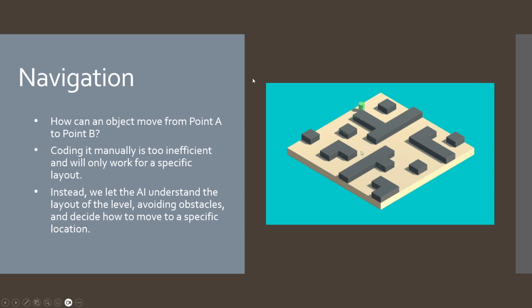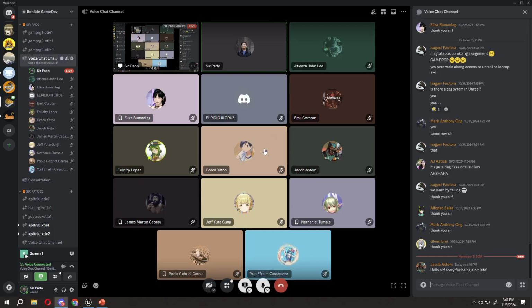Iba yung kay Unreal. So instead of manually doing it, we have the AI understand the layout of the level. So they already know how things are in the level, and we make it navigate through it, avoiding the obstacles and getting to that location.